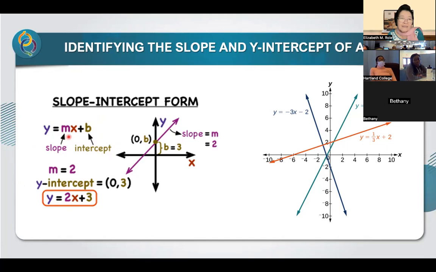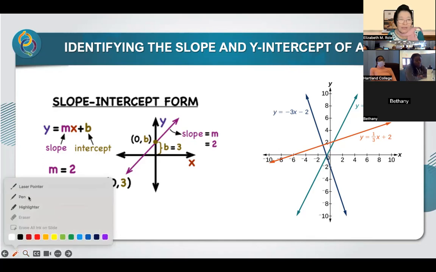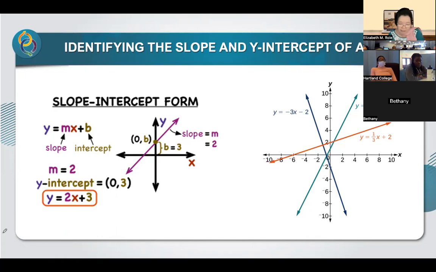If you set x equal to 0, your y is equal to b. So b is the y-intercept. So if I have the equation y is equal to 2x plus 3, then immediately you know that your slope is 2, and your y-intercept is a positive 3.